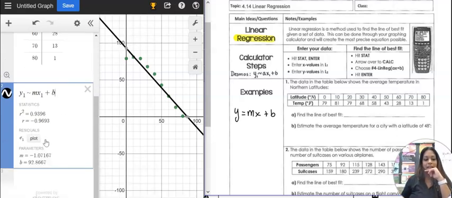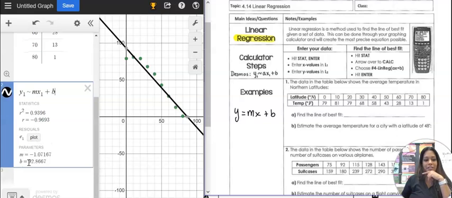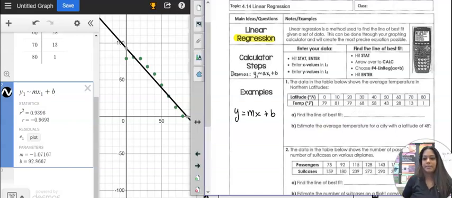There's the equation of the line. Here are the values for m and b right here. So I'm going to go ahead and write my equation here. So you have here y equals slope, which is negative 1.07.